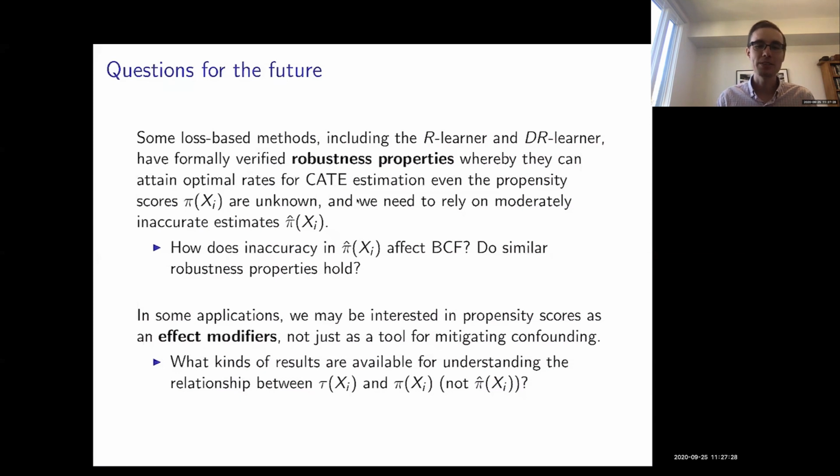If the propensity score is the probability that you attend college given your covariates, then are the people with high propensity scores, the most likely a priori to go to college, or those with low propensity scores the ones who benefit the most from going to college? So here, the propensity score is an effect modifier. What kind of results are available here or in other settings, regarding the relationship between the CATE and the propensity score in general?